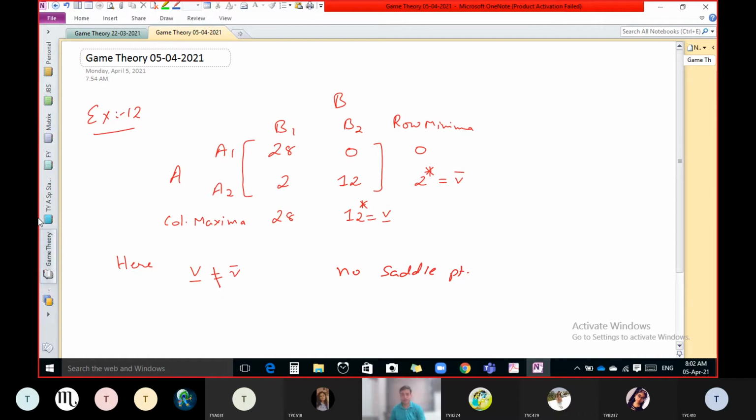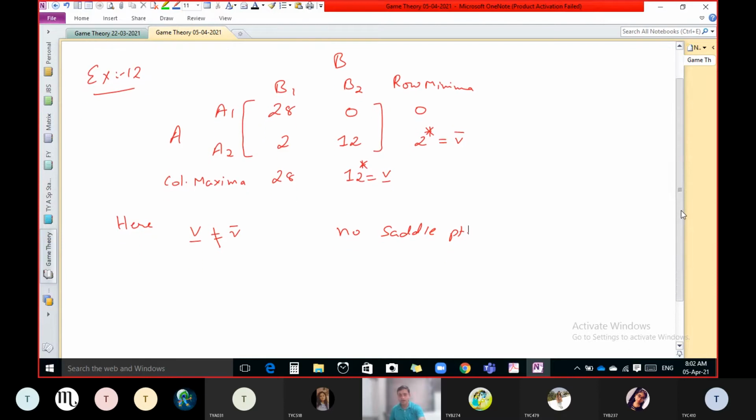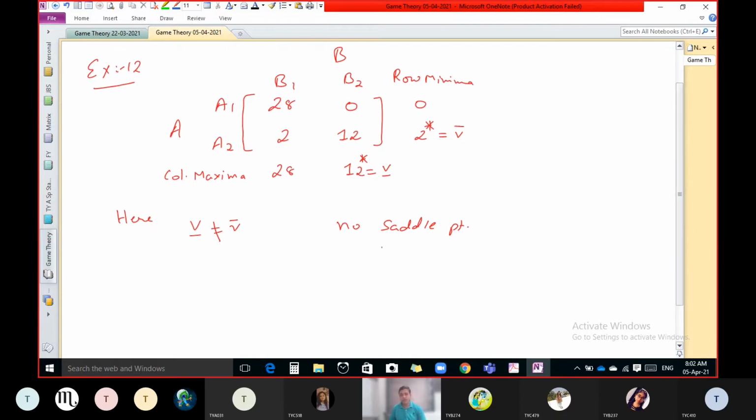For that, there is one simple rule, and that rule you have to learn. Once a saddle point is not there, you have to find out probability.